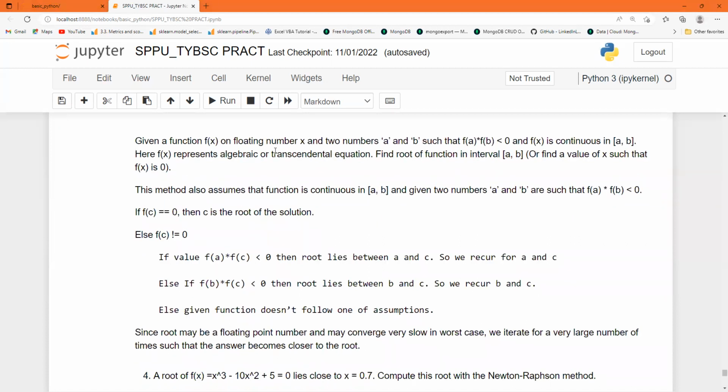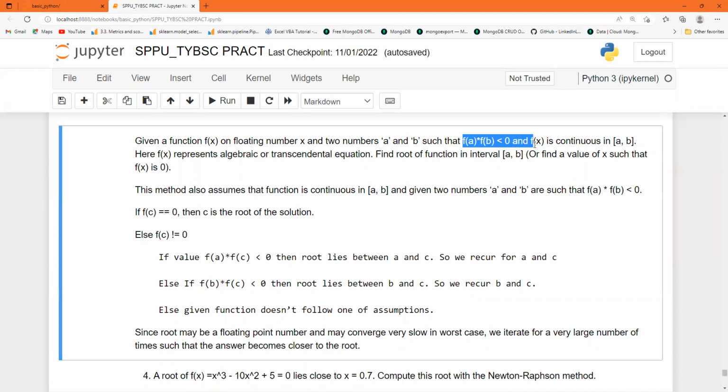For the given function, again it is on a floating point number. We have two numbers a and b such that this condition should be satisfied: f of a into f of b is less than 0, and f of x should be continuous in the closed interval ab. Here f of x represents the algebraic or transcendental equation, and we have to find the root of the function in the particular closed interval a to b.